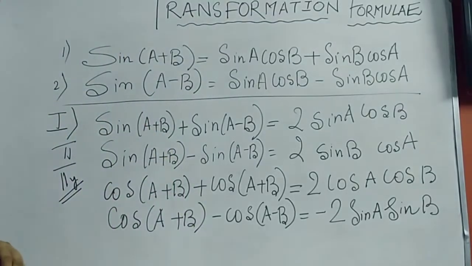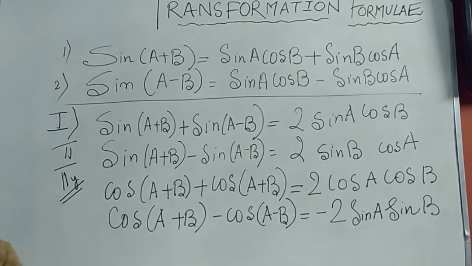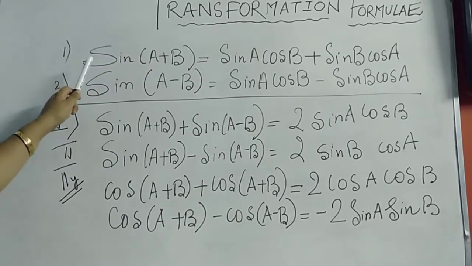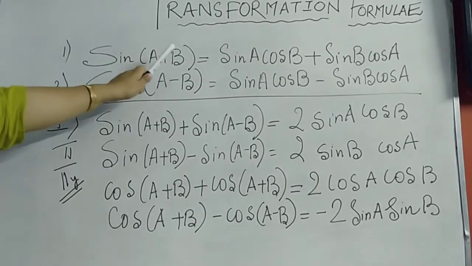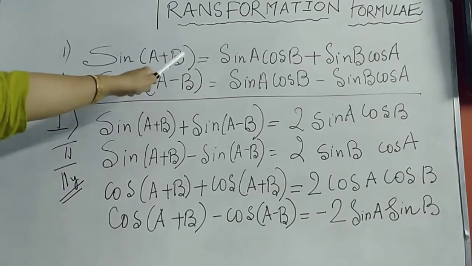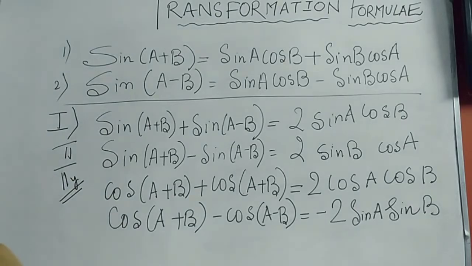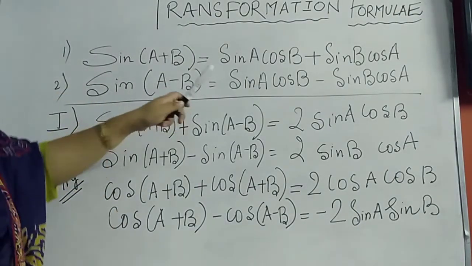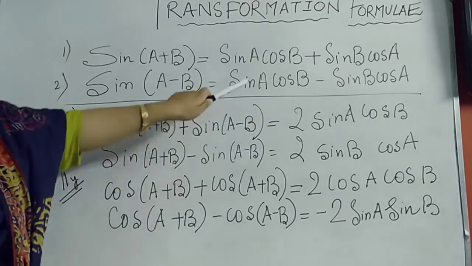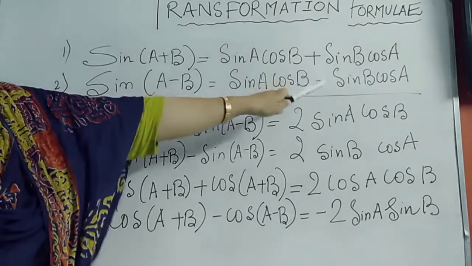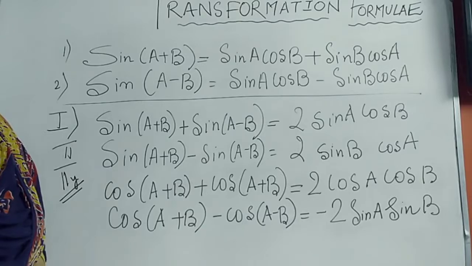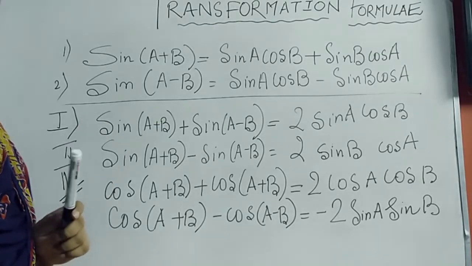Here you can see the first formula I have written: sine of a plus b is sine a cos b plus sine b cos a. The second formula, sine a minus b, is sine a cos b minus sine b cos a. Now please focus.